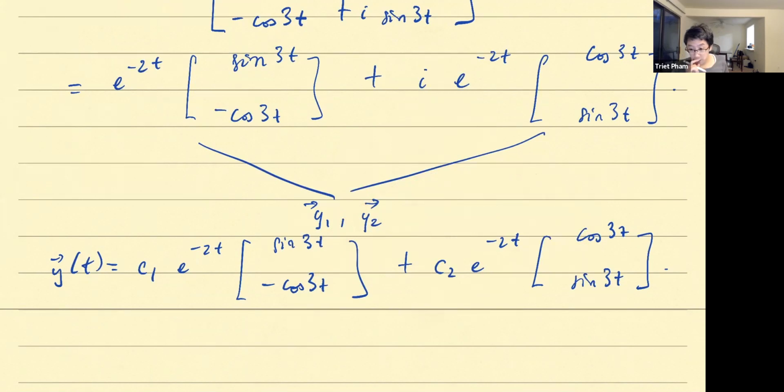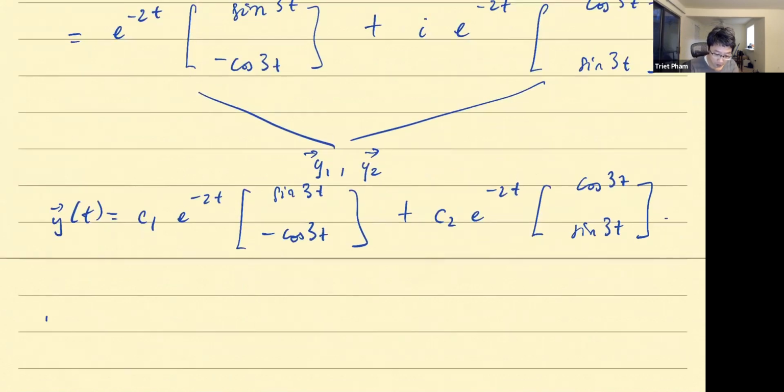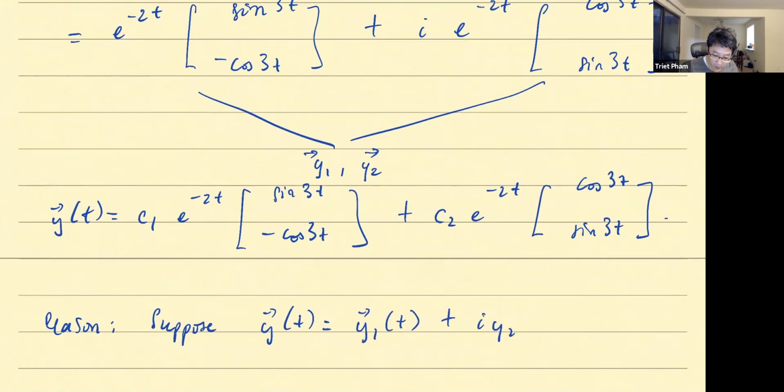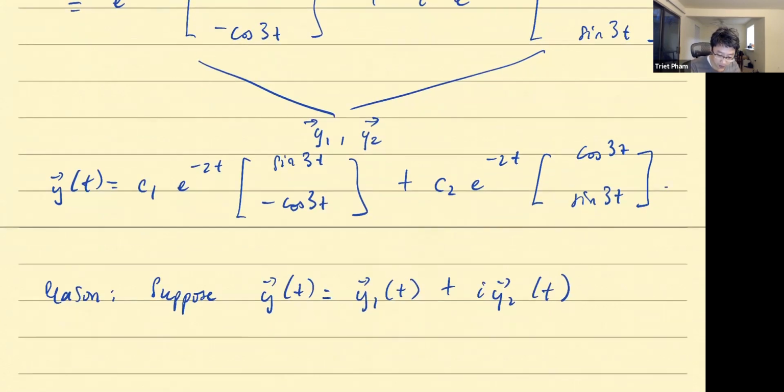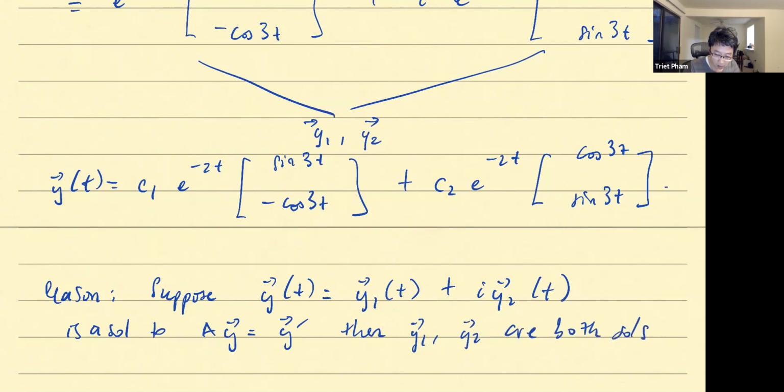So Will, actually your question is very interesting, and the answer is like this. The reason is from a statement like this. Suppose y of t, which is y1 plus i y2, is a solution to Ay equals y prime. Then y1 and y2 are both solutions to the same system.